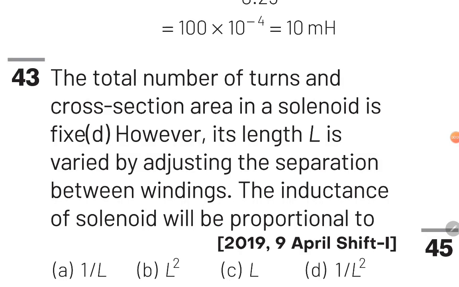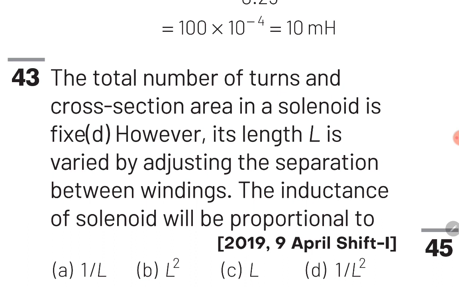Yes students, the 13th question of this chapter is, the total number of turns and cross-sectional area in a solenoid is fixed. However, its length L is varied by adjusting the separation between the windings. The inductance of solenoid will be proportional to. Guys, in this question, we will use the formula of self-inductance of solenoid.